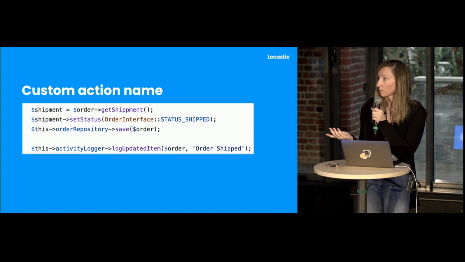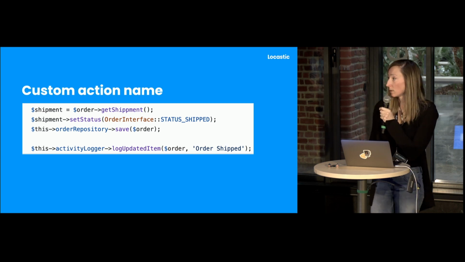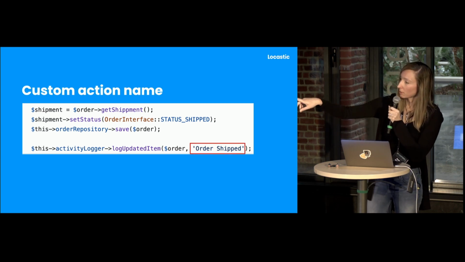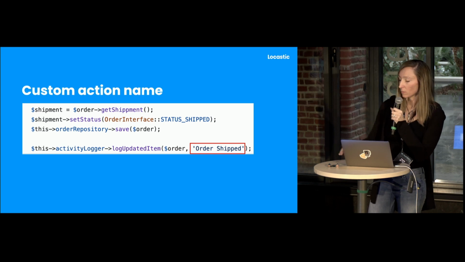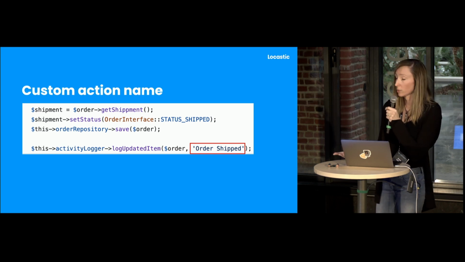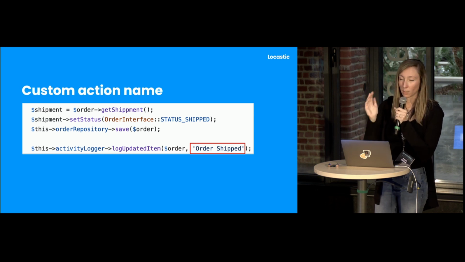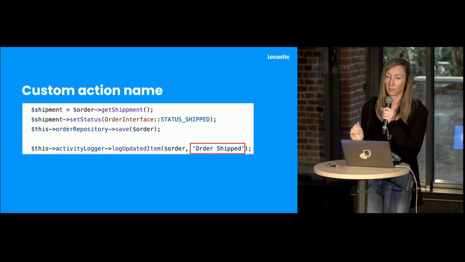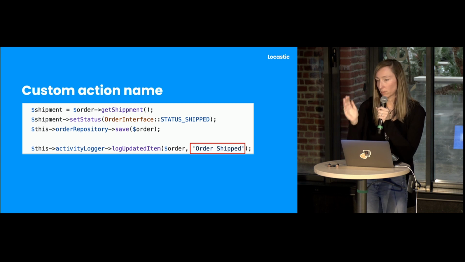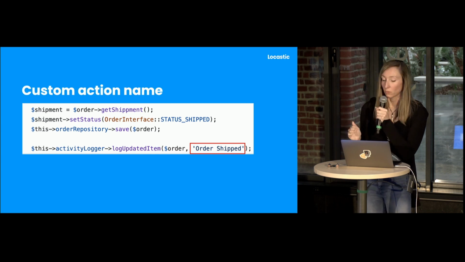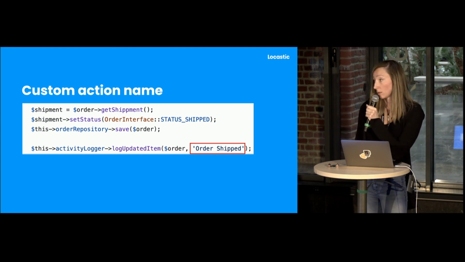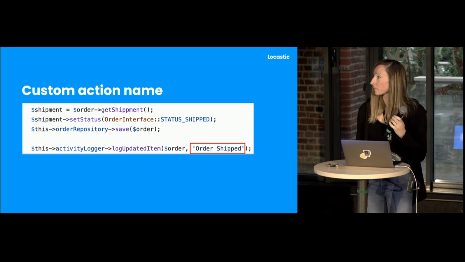For example, if we change our shipment and set the status to shipped, then we can log updated item and add a second argument with a custom name, order shipped. And now when you have a list of activity logs, you immediately know what happened there without needing to look more into the old list of fields we have in the activity log.